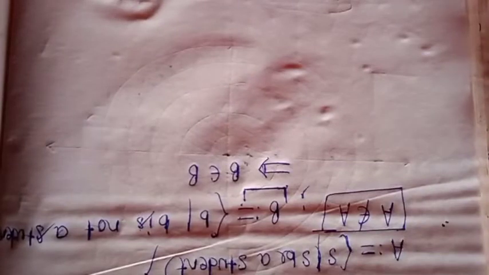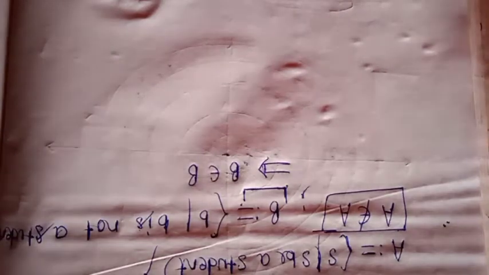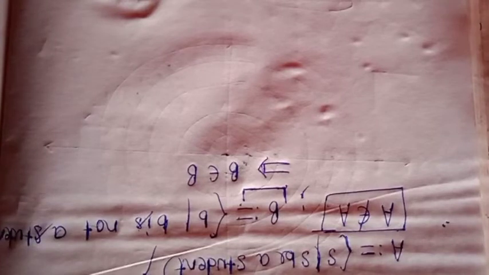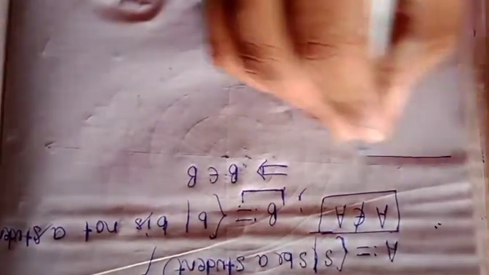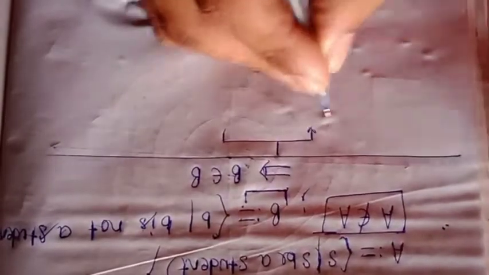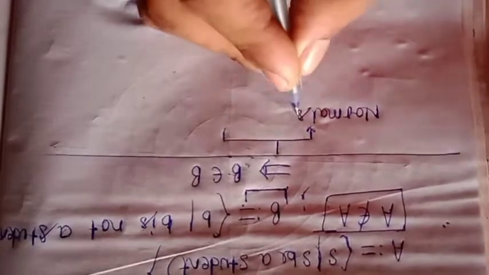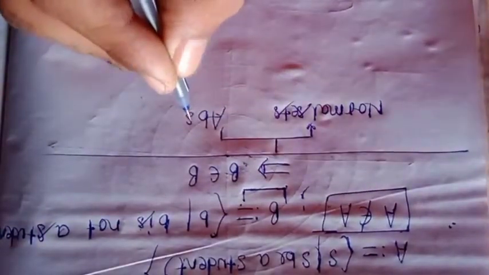So we define some terminology. A set is called normal if it is not an element of itself, and a set is called abnormal if it is an element of itself. So we divide sets into two categories: normal sets and abnormal sets.